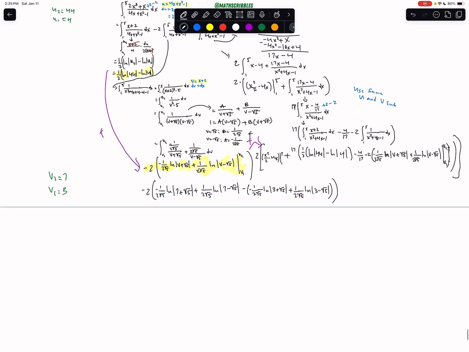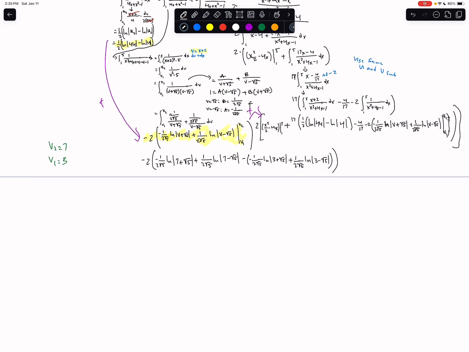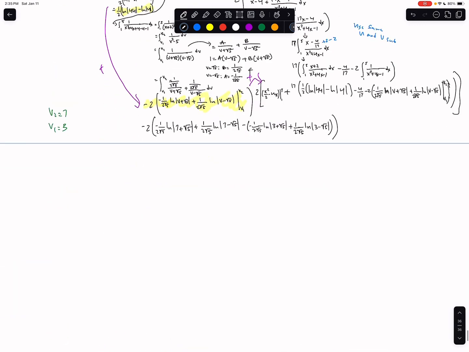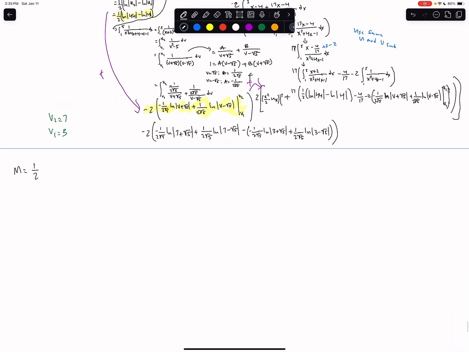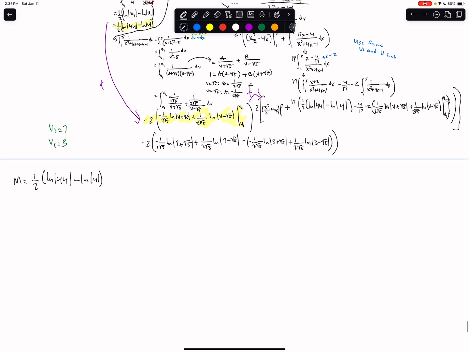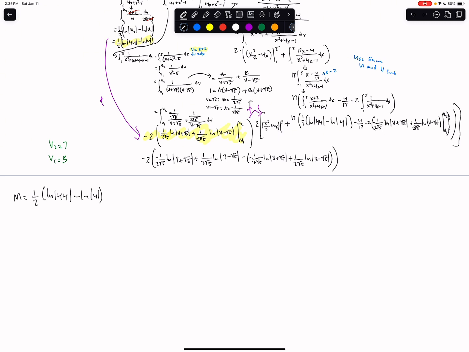All right, I think we can write down what we have. So the area so far, so 1/2 ln absolute 44 minus ln of 4, minus 2 times, and I'm actually going to just move this here. I'm not going to rewrite this.